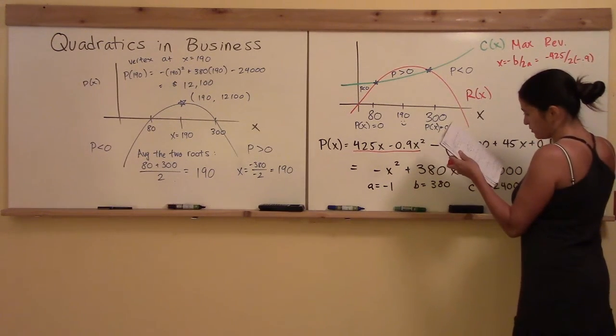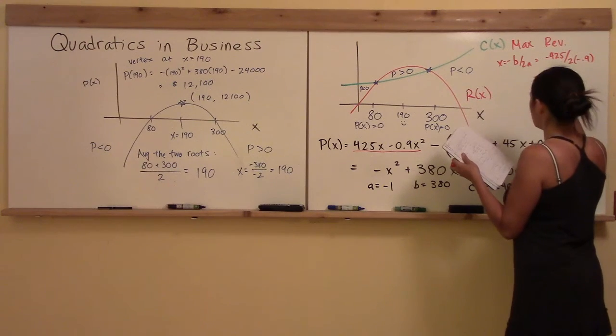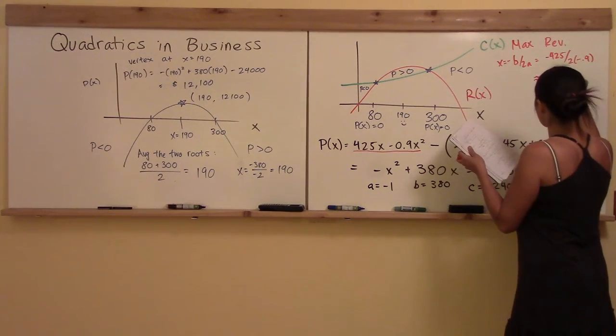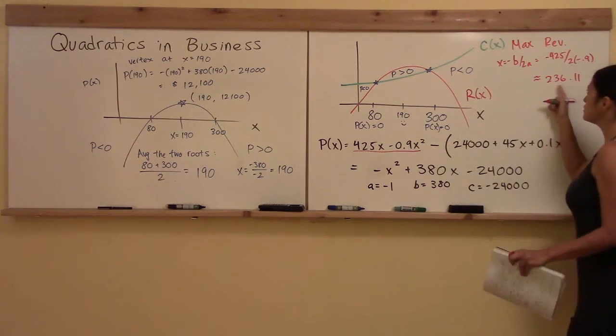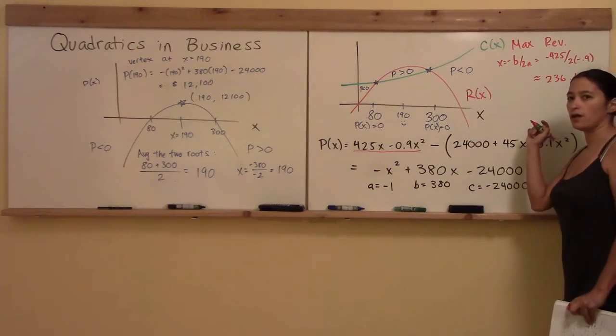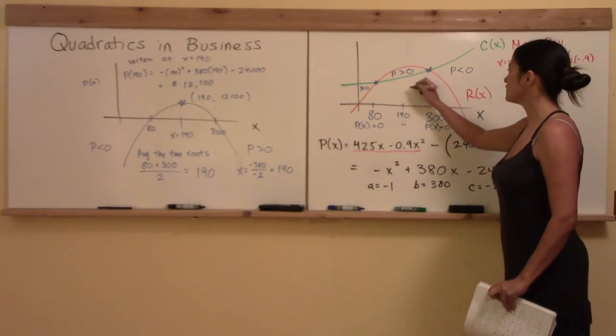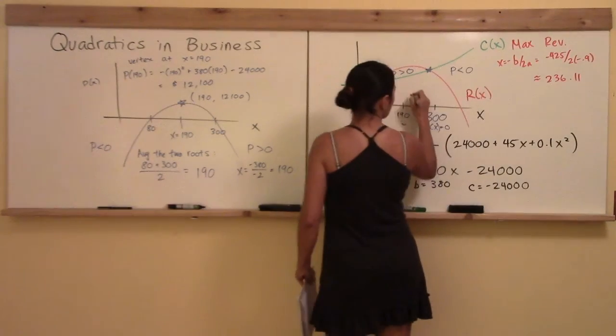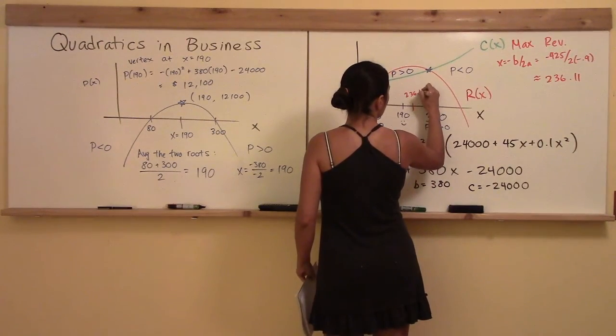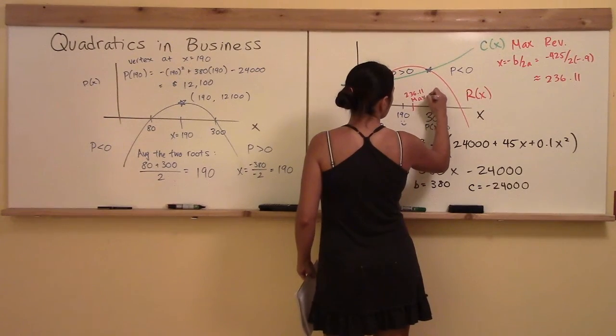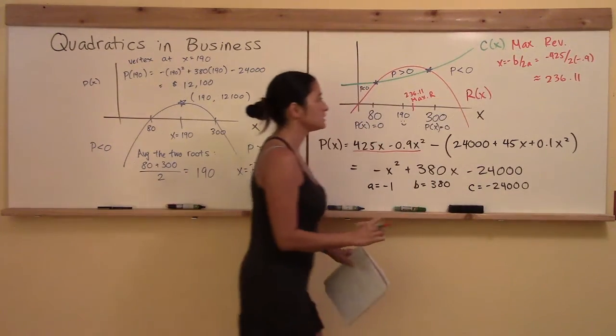And that's equal to approximately, that one didn't come out as a perfect whole number, but it's around 236.11. Okay, so my maximum revenue, when my revenue function would be highest, would be 236.11. This is the maximization of R of X.